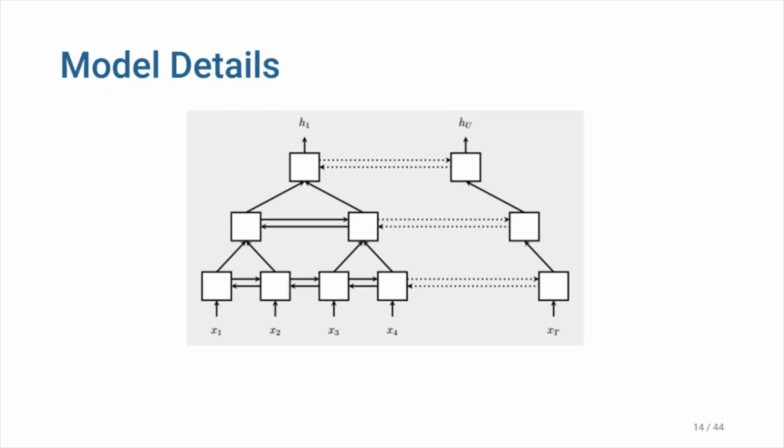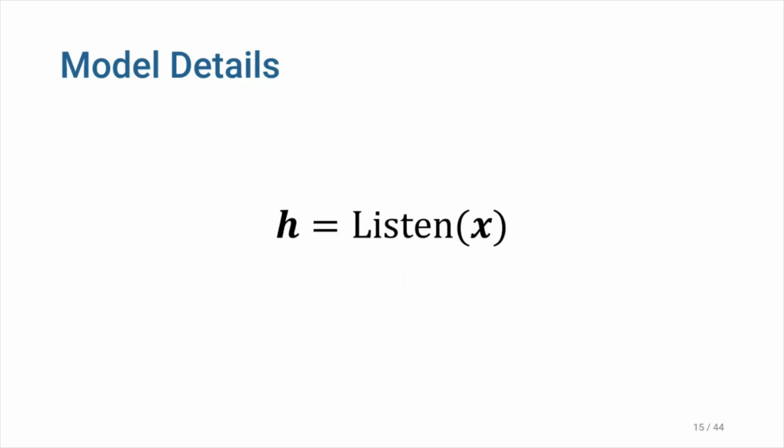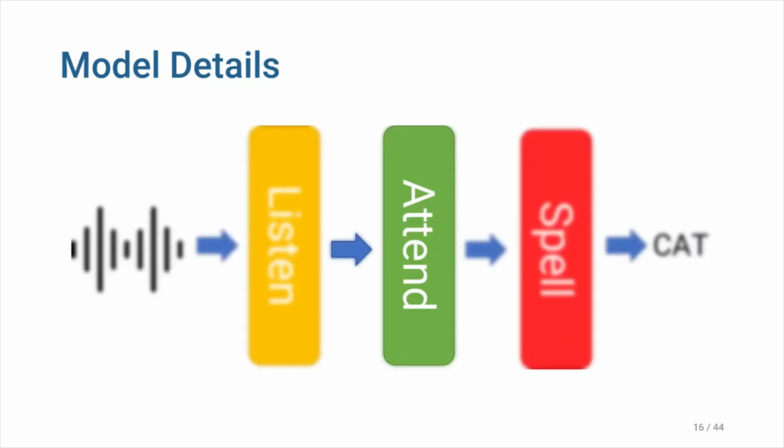This allows the attention model to extract the relevant information from a smaller number of time steps. The listen operation transforms the original signal X into a high-level representation H that has a much shorter length. Then, this vector will be passed on to the next part of the model, which is the attention mechanism.